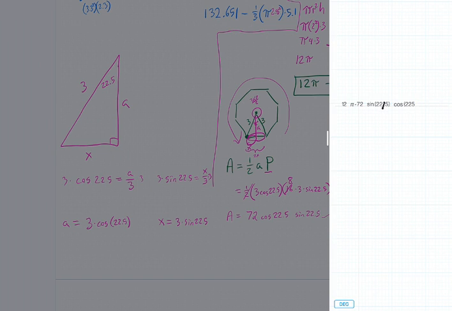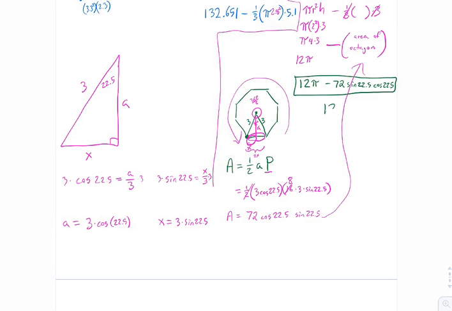There we go. Boom. I'm writing very small here. So that would be 12.243. 12.24 would be our best approximation there.